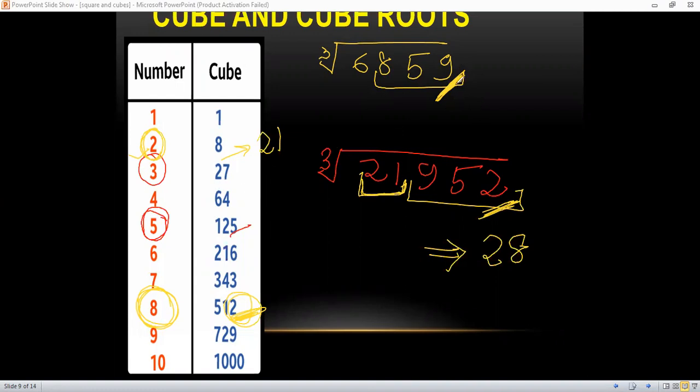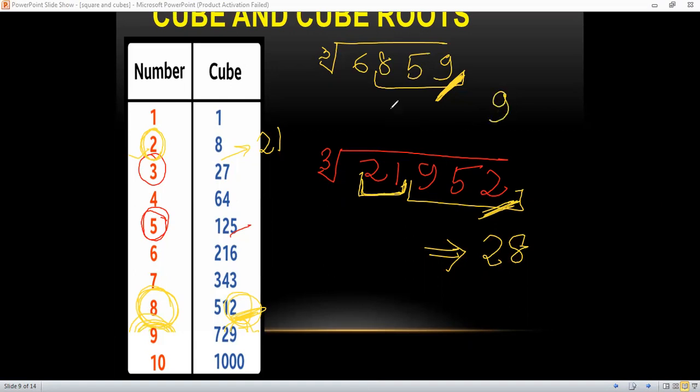Here you see 9 is written, so I will see in the cubes where unit digit 9 has come. Here also it is 9. That means I am going to take this number 9 at the unit place of the cube root.